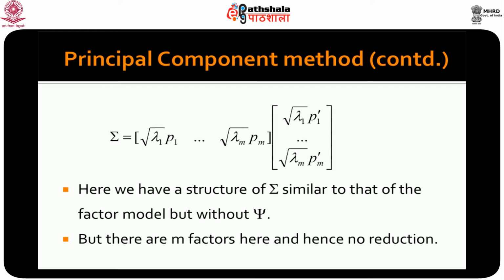The first one has columns root lambda 1 times p1, root lambda 2 times p2, up to root lambda m times pm, and the other one is the transpose of this, which would have the rows root lambda 1 p1 prime, root lambda 2 p2 prime, etc., root lambda m pm prime.